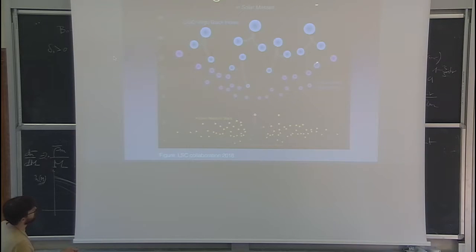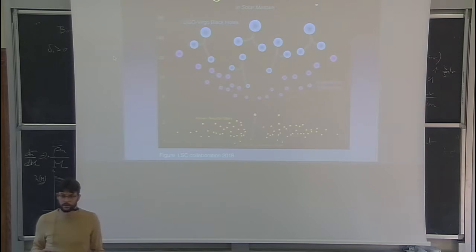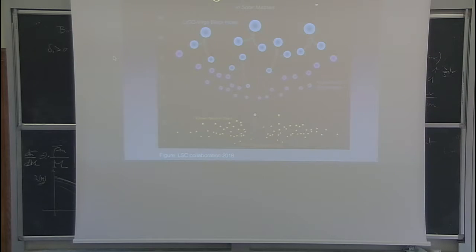What is represented here are also X-ray binaries, so black holes that are observed in X-rays because they interact with a star. These are systems that are comprised of one black hole and a main sequence star.